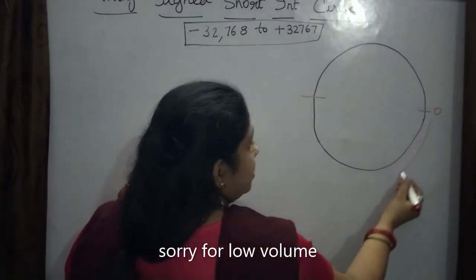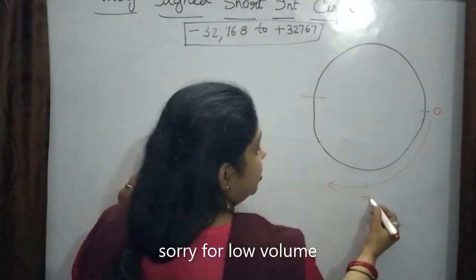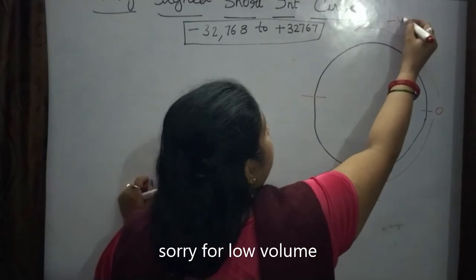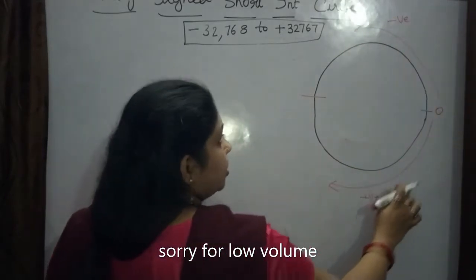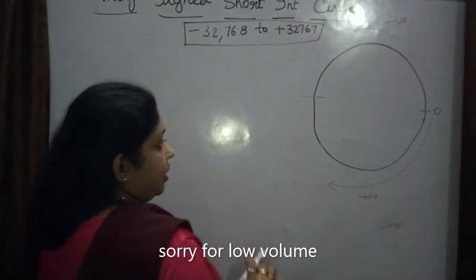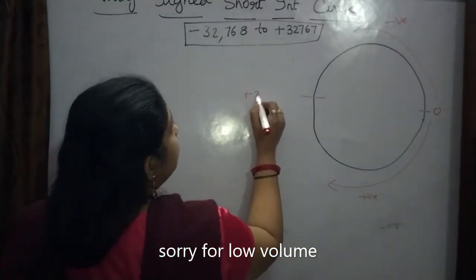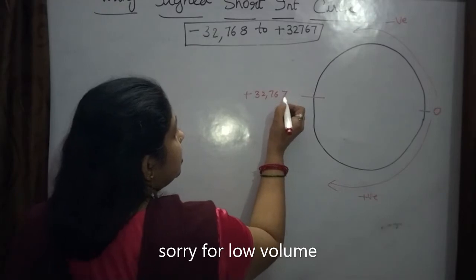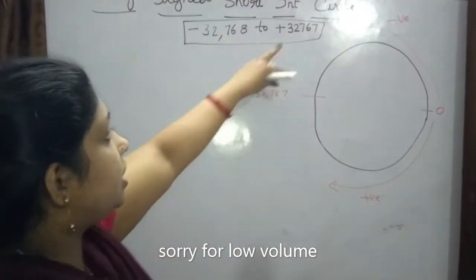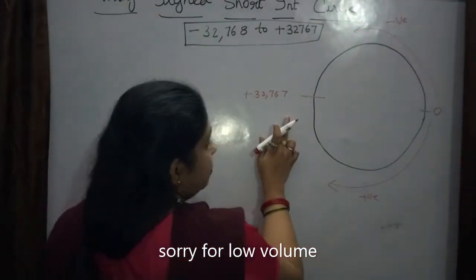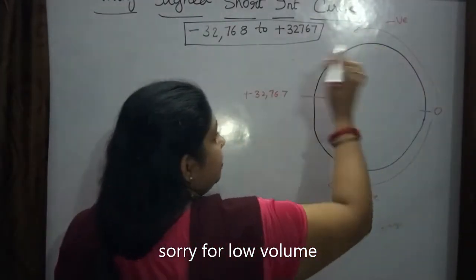So like this you have positive values, and like this you have negative values, that is clockwise direction, and this is anti-clockwise direction. So from 0 to plus 32,767 it comes around till this number. Now from here to here positive numbers are there, from here to here negative numbers are there.